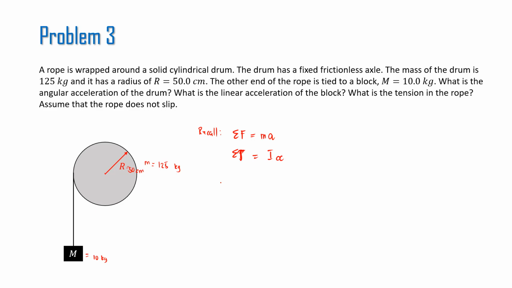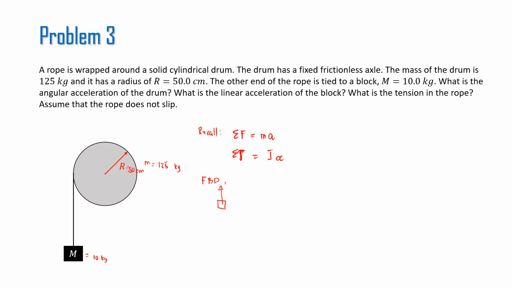In order to derive the correct equations, we need to draw the free body diagram for each object. So for example, the free body diagram for the block of wood. If this is the block of wood, then there are two forces acting on the block.